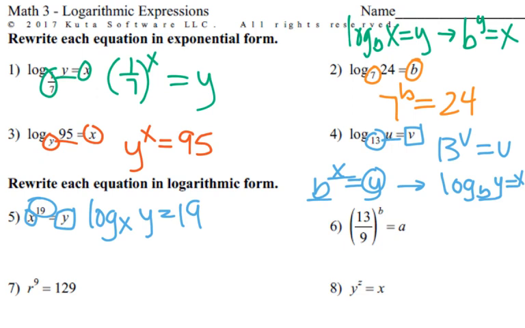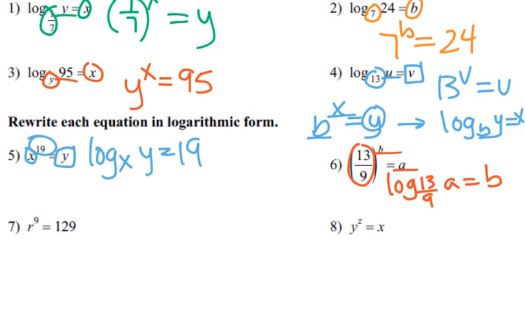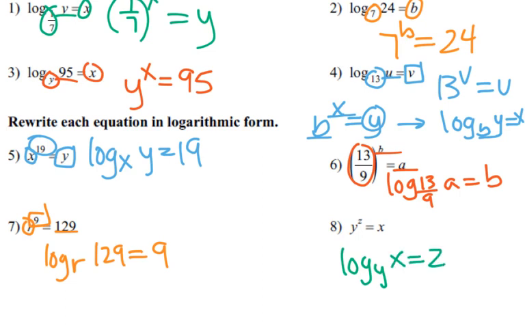Okay, then we'd have, that's our base, so log base 13/9 of a equals b. That was kind of a crazy one, wasn't it? And then log base r of 129 equals 9. And finally, log base y of x equals z.